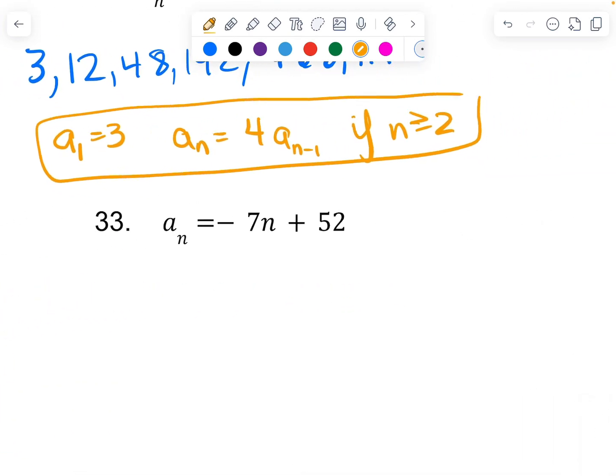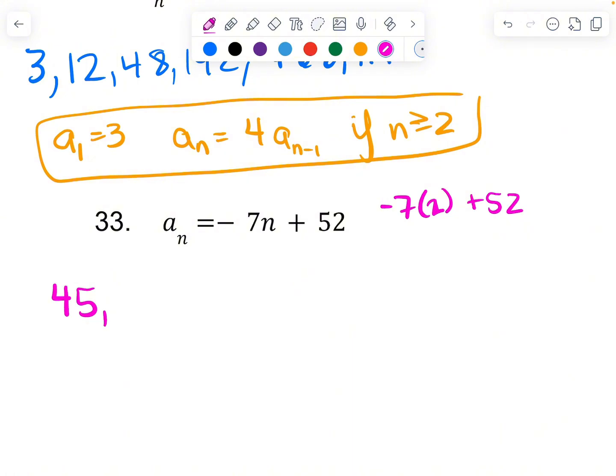Okay, over here, let's see, we'll use pink. So my first term, I need to plug in 1. If I plug in 1, I get 45. If I plug in 2, I would get negative 14.